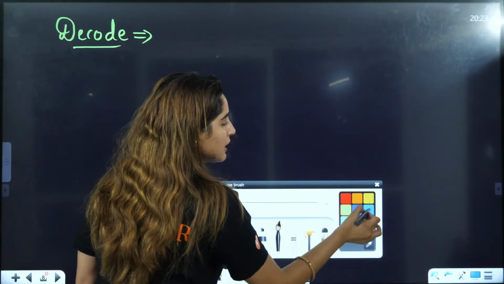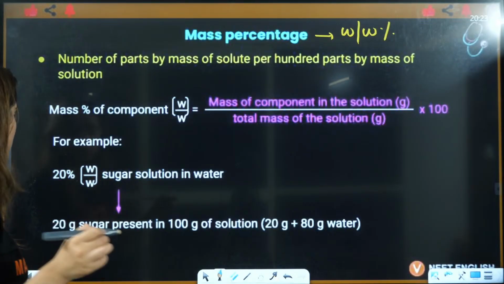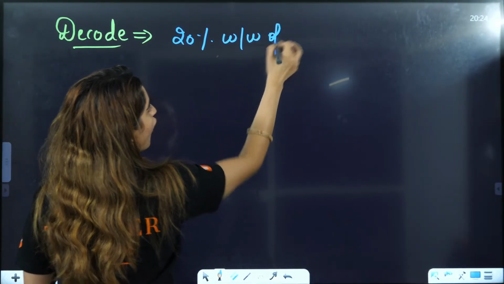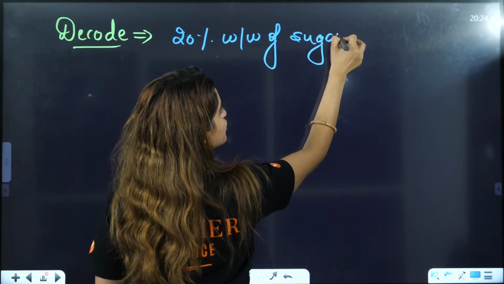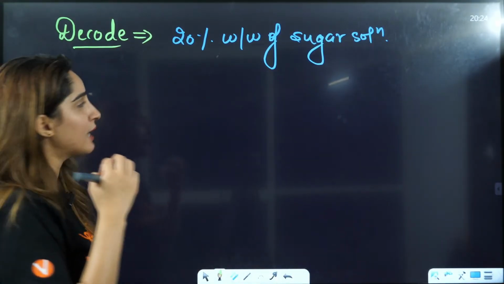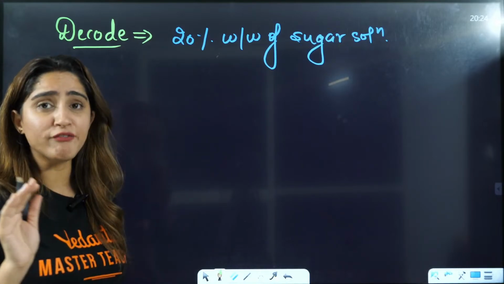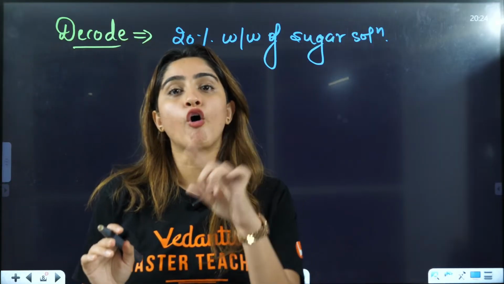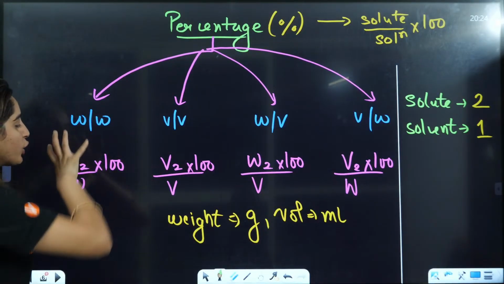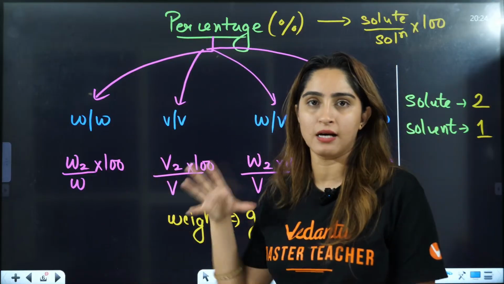For example, let's take 20% weight by weight of sugar solution, which is given to you. Let's see what we can decode from here. Whenever they give you a percentage, in the formula it is weight of solute by solvent, so always take the denominator as 100.